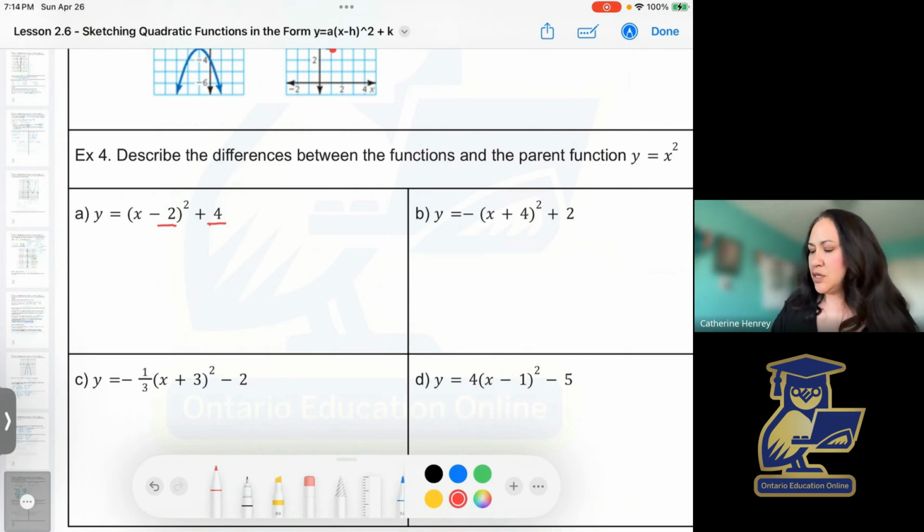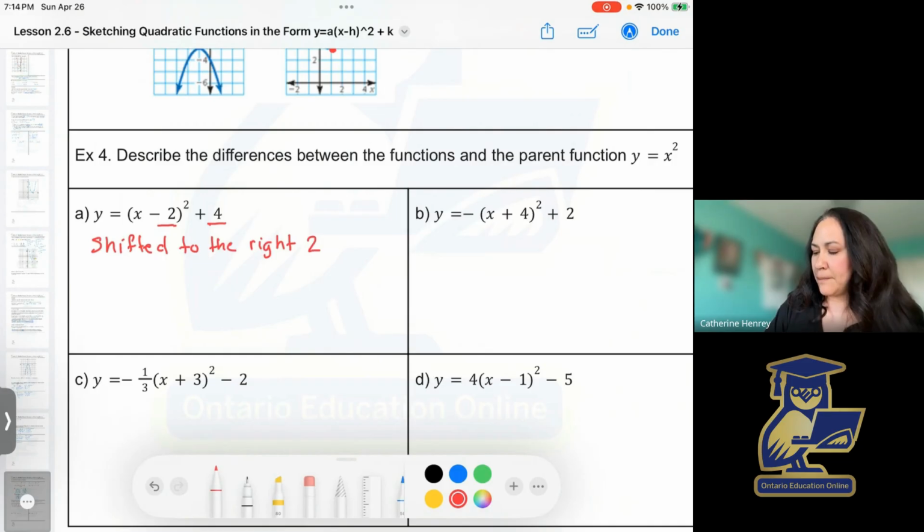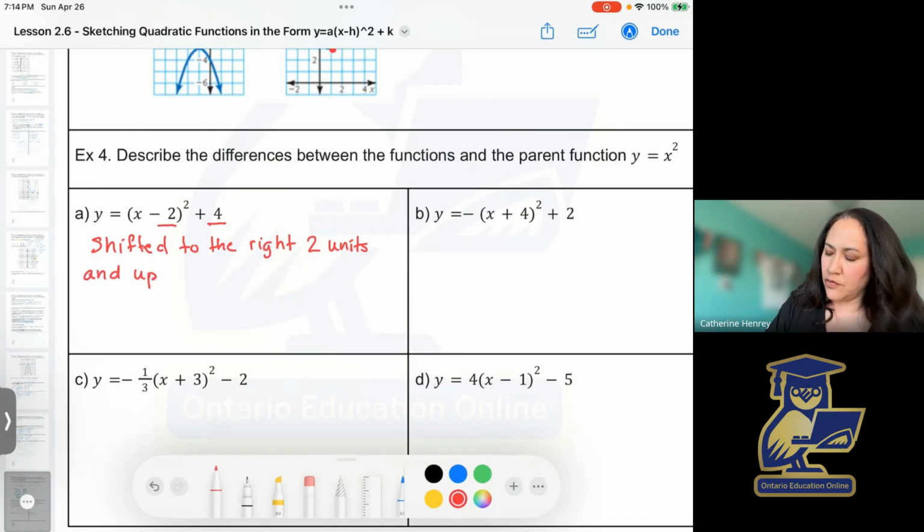So in this particular case, we have a graph that is shifted to the right, again, kind of opposite the sign that's in the brackets, 2 units, and up 4 units.